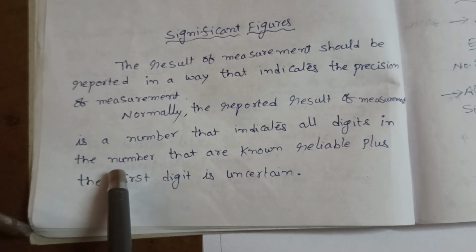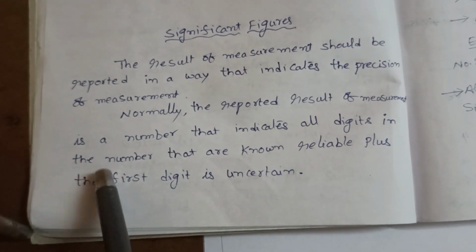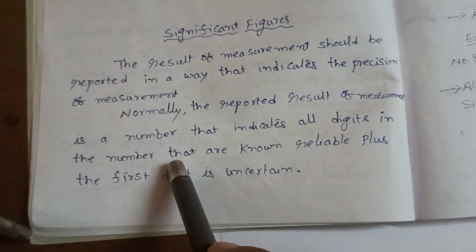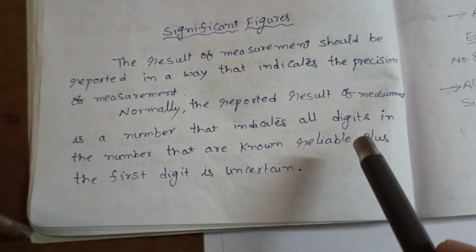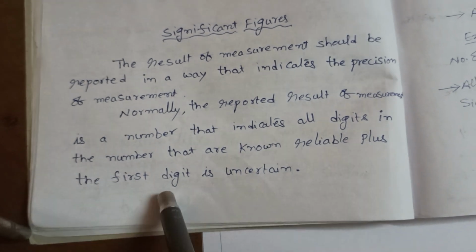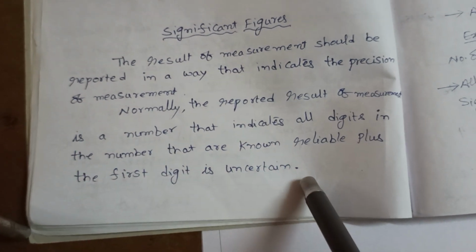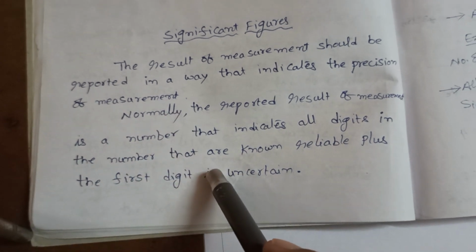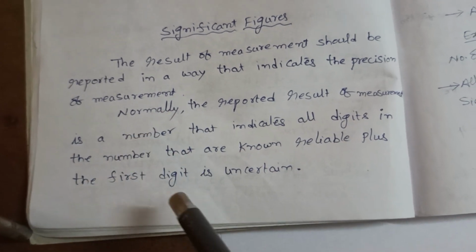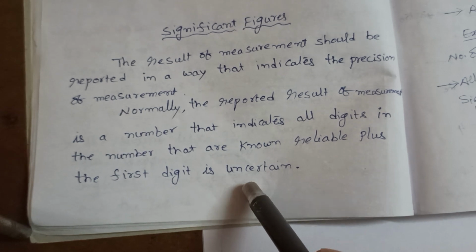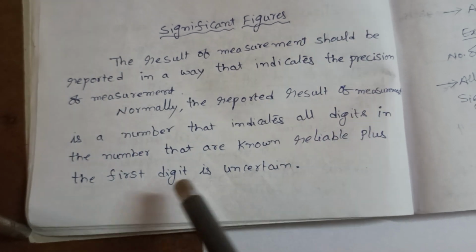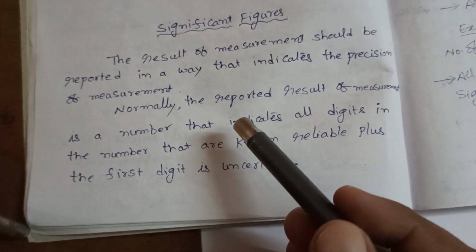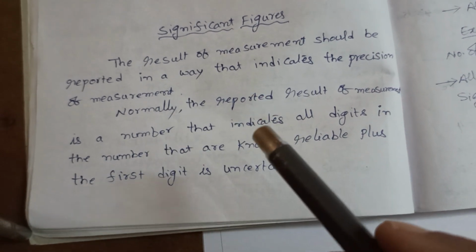In this number, all the digits are reliable, plus the last digit is uncertain. So in the result, we have certain digits and an uncertain digit. The uncertain digit is the last digit and the remaining digits are certain.